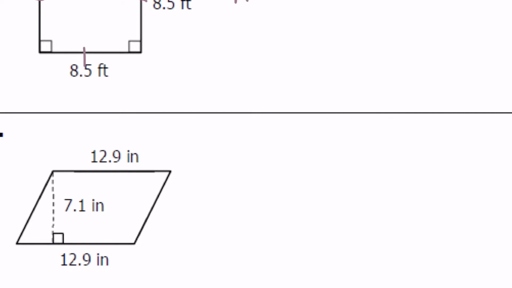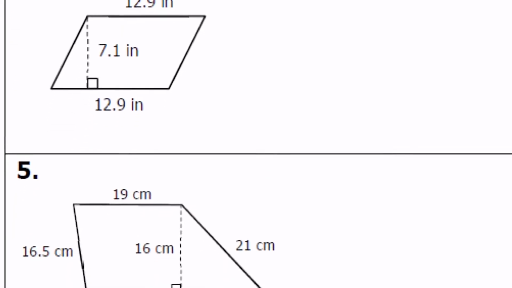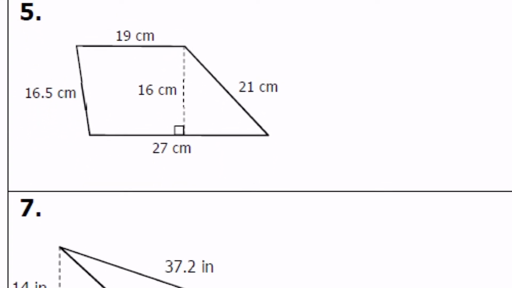So let's look at number 5, just because when we were looking at trapezoids in the last section, we dealt with non-isosceles and isosceles trapezoids, where isosceles trapezoids were the ones where the legs were congruent.